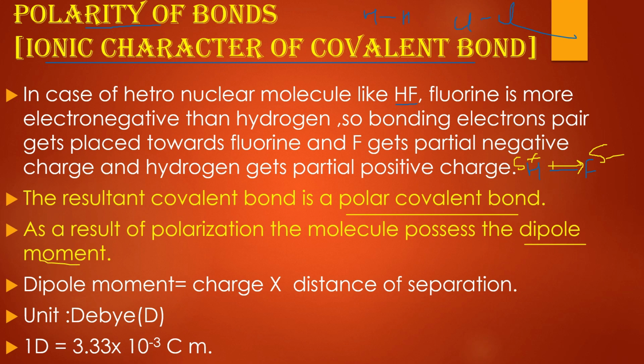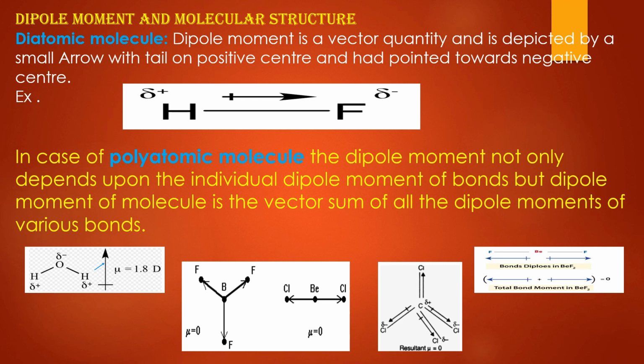As I already told you, this is the sign of dipole moment. Dipole moment is equal to charge into distance of separation, the charge on the atom and the distance between them. The unit of dipole moment is Debye, in short expressed as D, and 1 Debye is equal to 3.33 into 10 raised to power minus 30 coulomb meter.